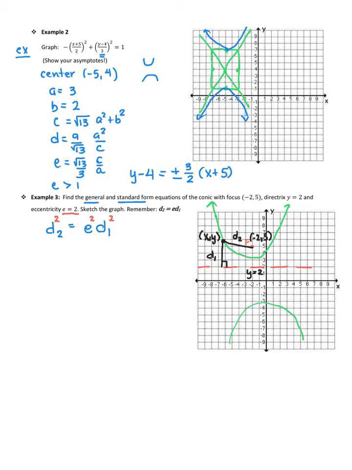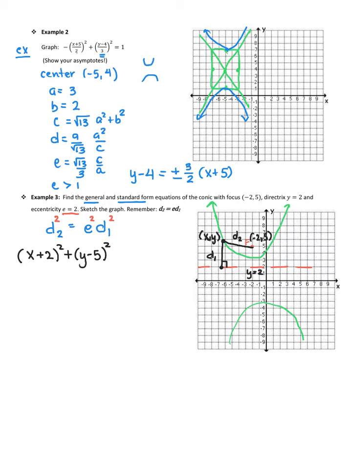So we're going to use our distance formula. So the distance of D2 is going to be, and again I'm going to square it, so I don't need to include my square root, x minus a -2 squared plus y minus 5 squared. So that's D2 squared, that's just using your distance formula.